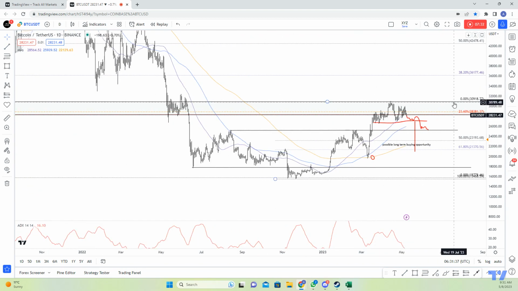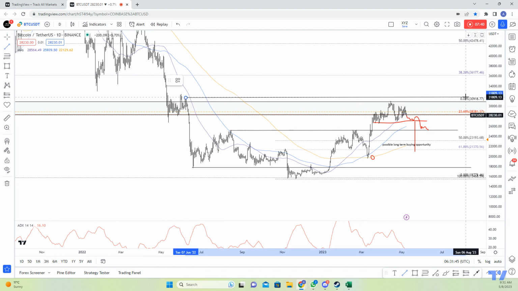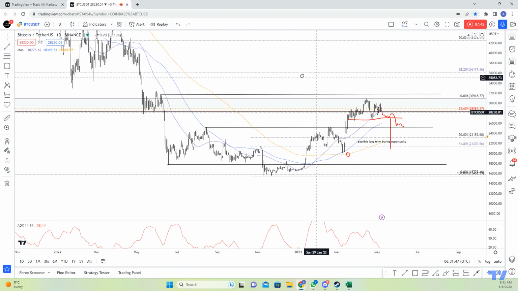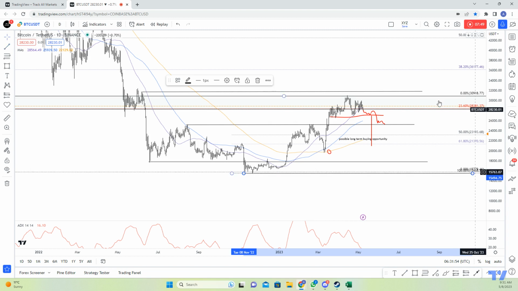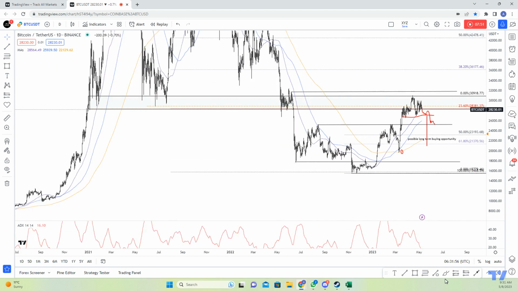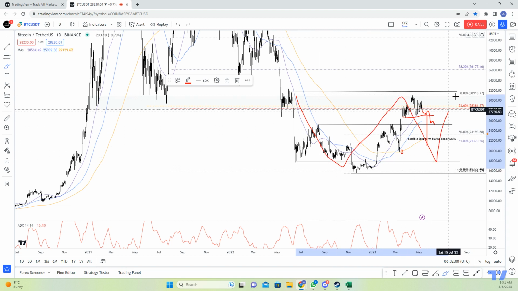And now we have another range from here, right? This is our massive range that we're looking at basically. So still this is in a massive range, right?